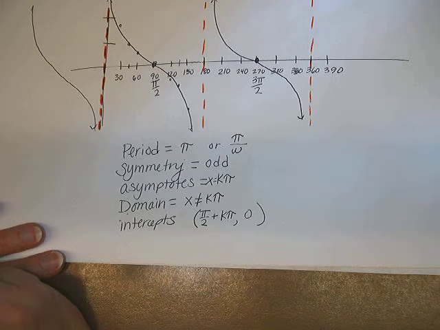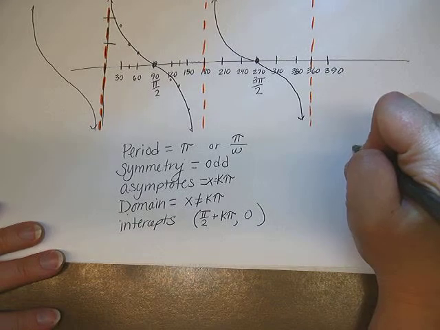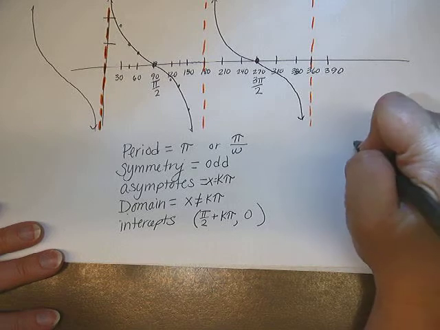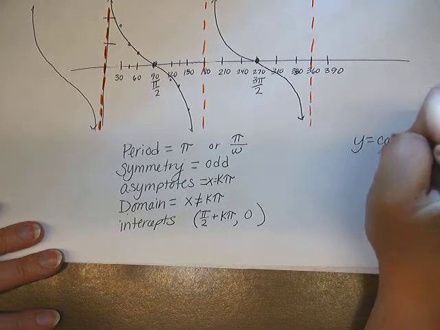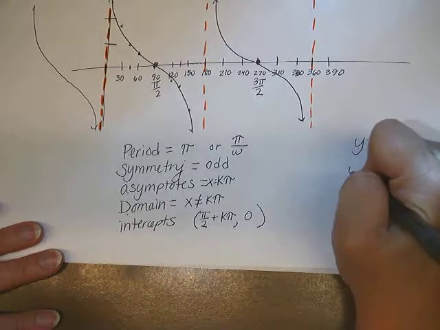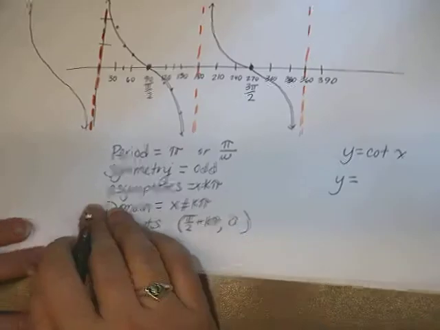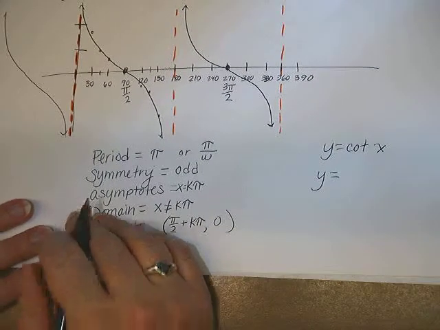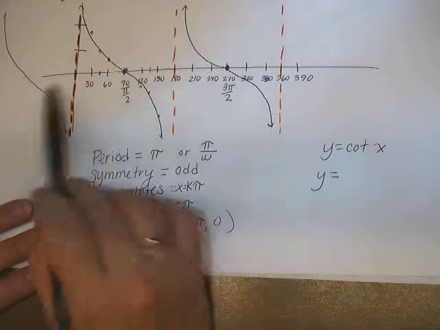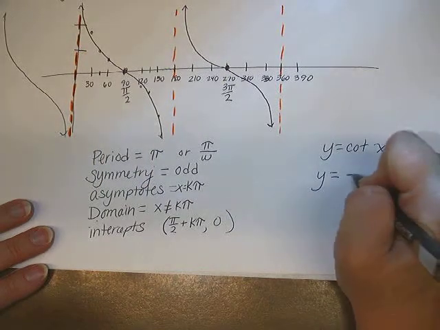So basically a cotangent graph is just a tangent graph that's been reflected and phase shifted. So if I actually wanted cotangent to be written as tangent instead, let's think about what we would need to be able to do that. We would need a reflection, so that would put a negative in there.